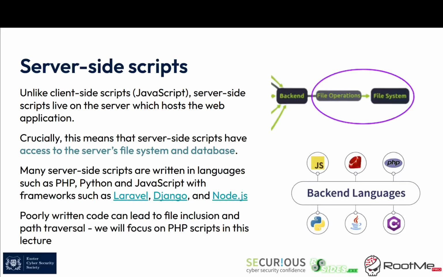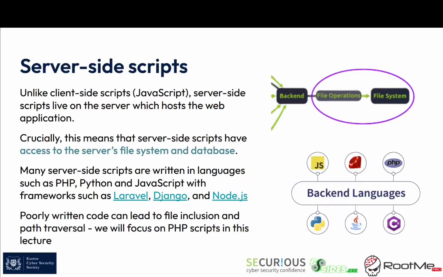Okay, a brief introduction to server-side scripts. Last term we focused mainly on the client side, mainly the JavaScript that runs on your browser. But unlike client-side scripts, server-side scripts live on the server, which hosts the web application. And crucially, this means that those scripts actually have access to the server's file system and database.